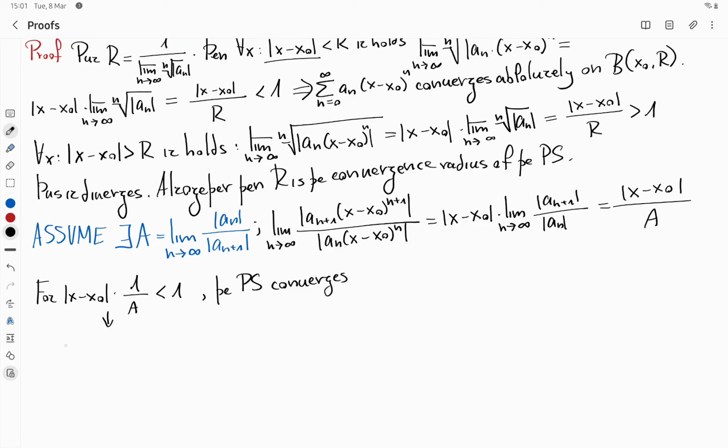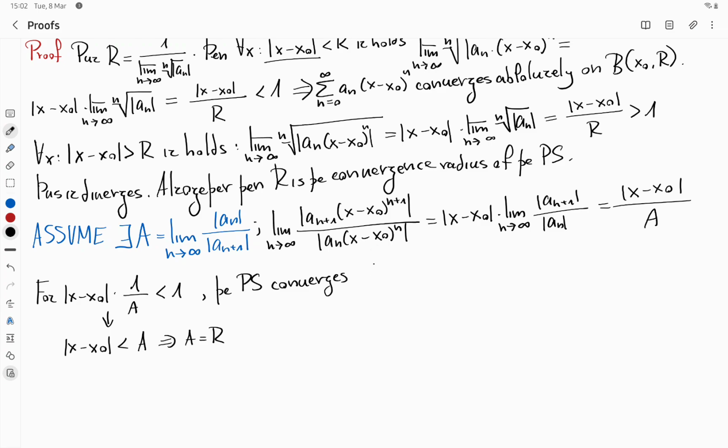But trivially, this is equal to x minus x0 being smaller than a. And this is an if and only if condition by the limit test definition, essentially. The theorem tells us that it's an if and only if biconditional. And thus we have that a must be equal to r. Else it would contradict the limit comparison test.